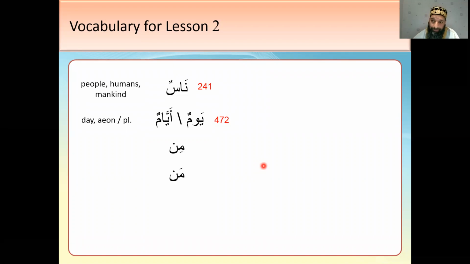Min and man. What does min mean? From. Man, who or whom. Look at this. Both together combined, with their different endings, min, man, all that, about over 3,800 times.